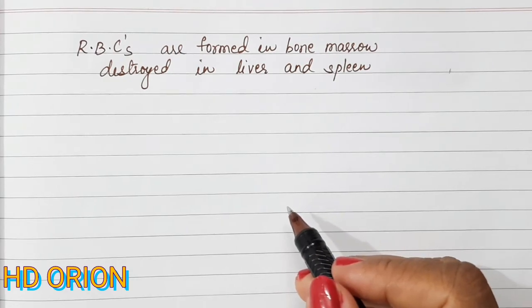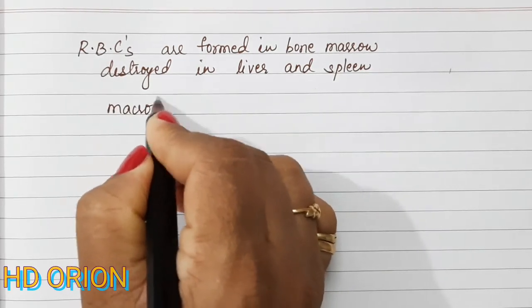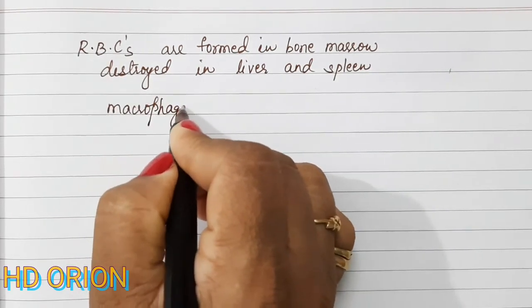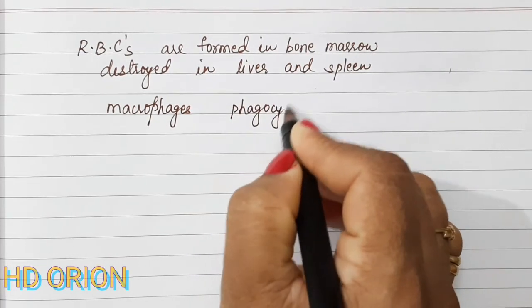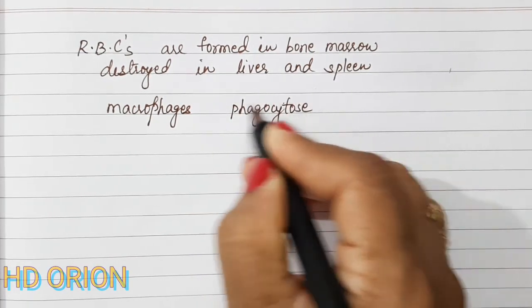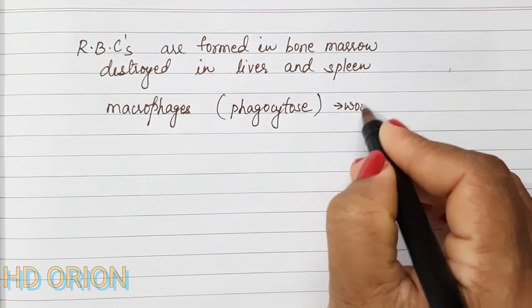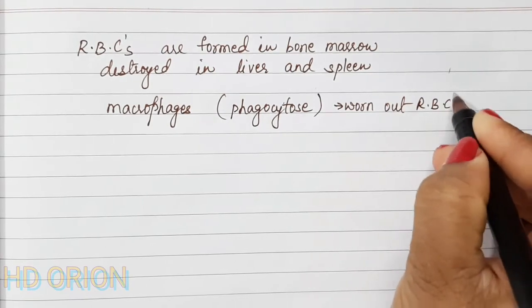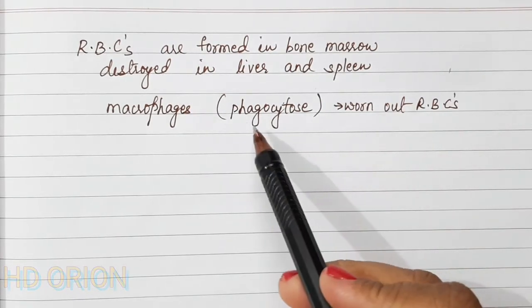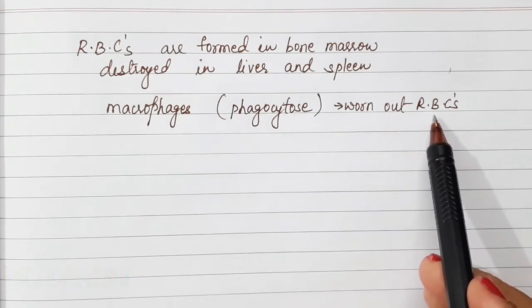But if in between 120 days the cells become worn out, there are different cells present in the blood called macrophages, and they phagocytose. That means they eat up the worn out RBCs. So this is how the worn out RBCs are removed from the blood. So there is always a check on the worn out RBCs, and the new RBCs are then added into the blood.